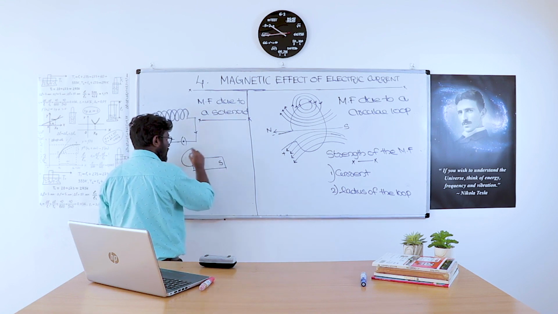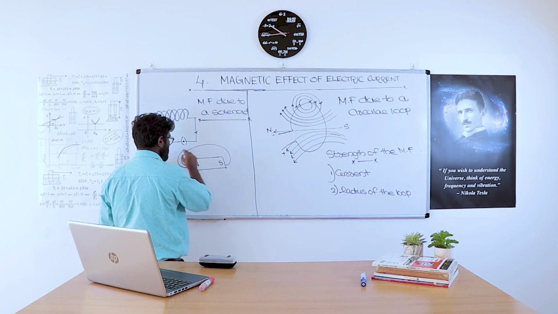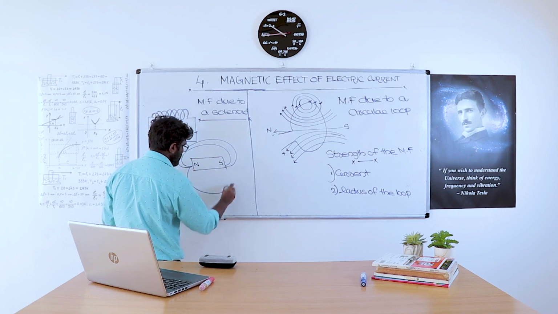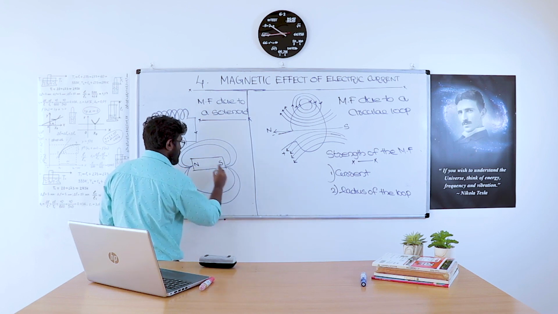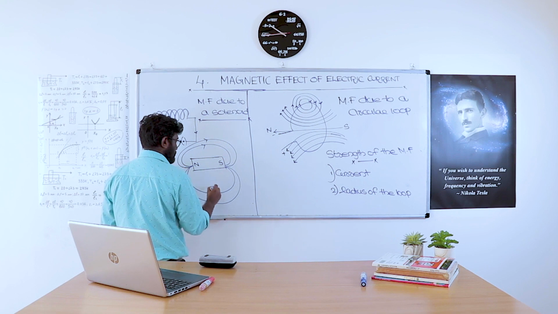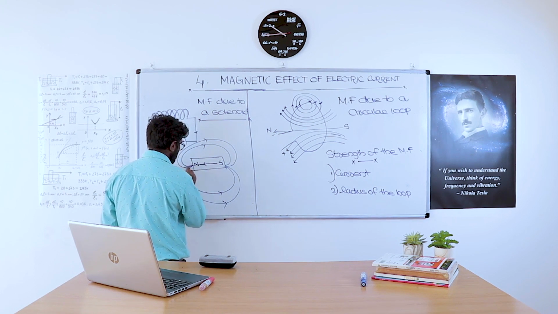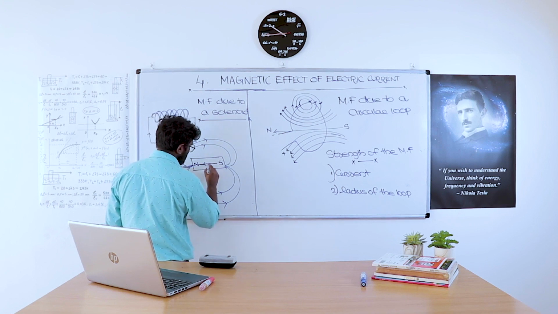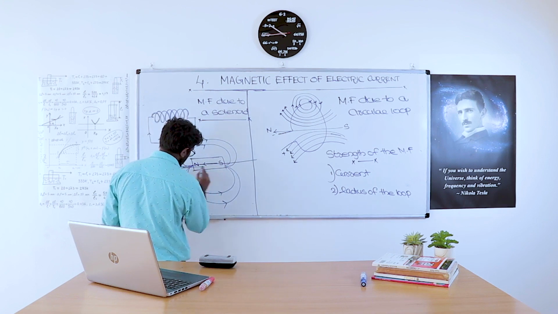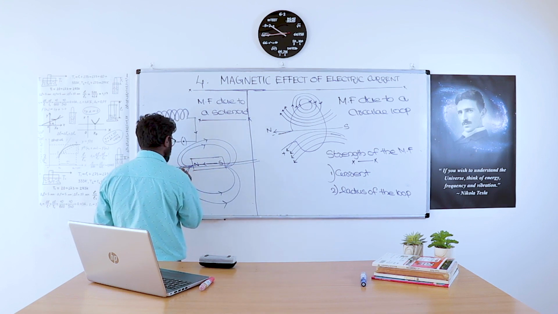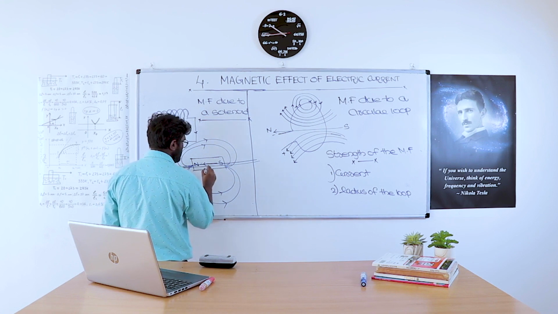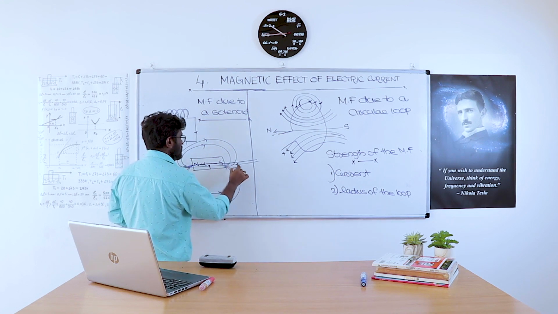Outside the bar magnet, the direction of the magnetic field line is from north pole to south pole, and inside the bar magnet it is from south pole to north pole. So this is the direction.